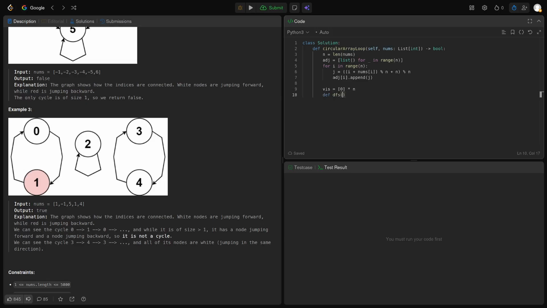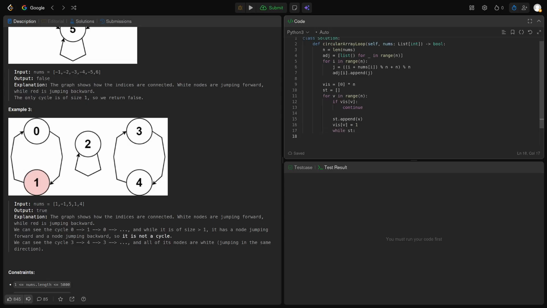And then, do we need that? If we visited it, then we continue. Otherwise, we do stack append v. And then while stack, let's say node is stack pop, right?